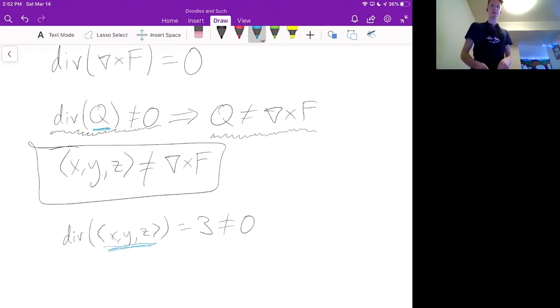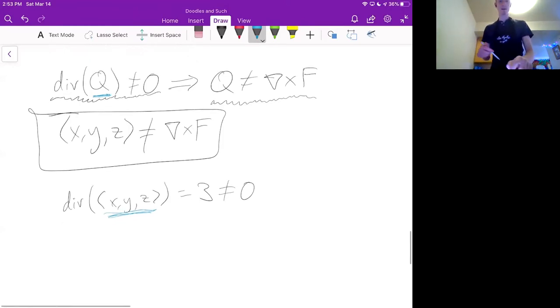So this is really the same thing, just at another level. To check for scalar potential, you take the curl and make sure that's not equal to 0. If the curl is not 0, you can't have a scalar potential. And if your divergence is not 0, you can't have a vector potential. Basically the same test, and they just use different theorems to conclude the fact.